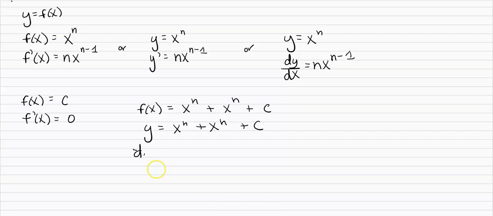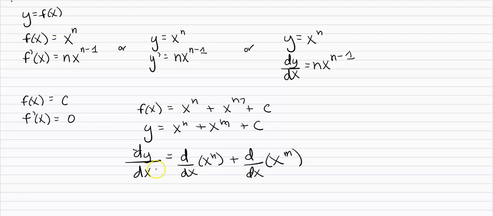If I derive both sides, it's going to be d over dx of x to the n, plus d over dx of x to the m, plus d over dx of my constant value.